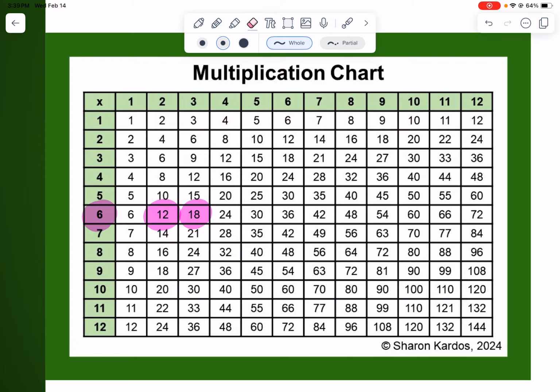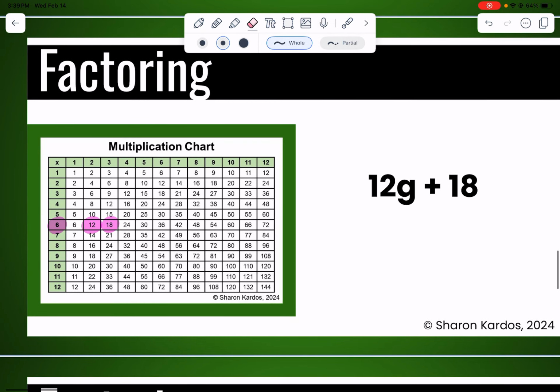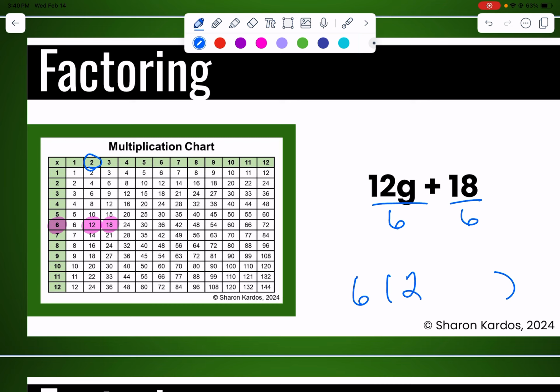So we're going to stick with 6, and we are going to divide both terms by 6. That's the number that goes outside my parentheses. 12 divided by 6 is 2, so 2g. 18 divided by 6 is 3, so plus 3. Easy peasy.